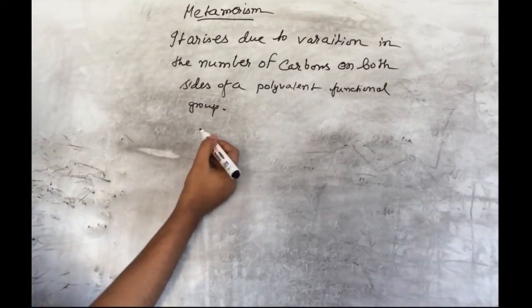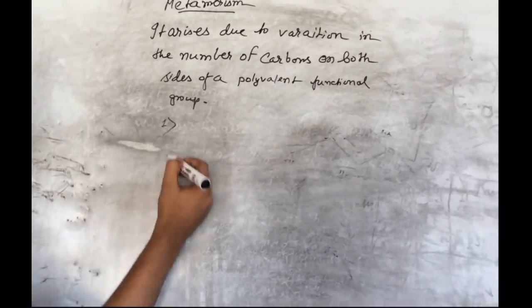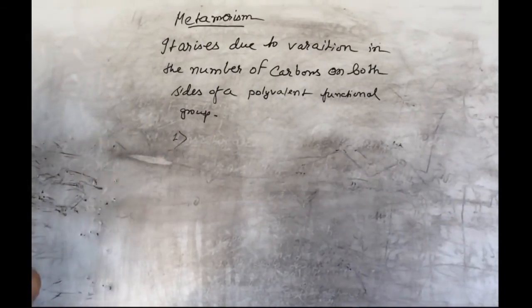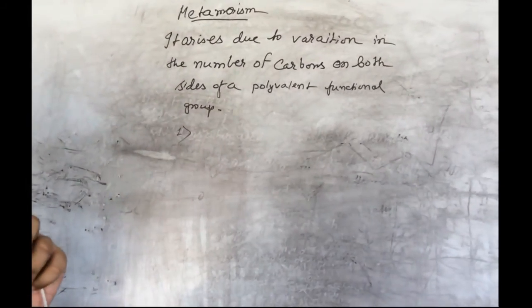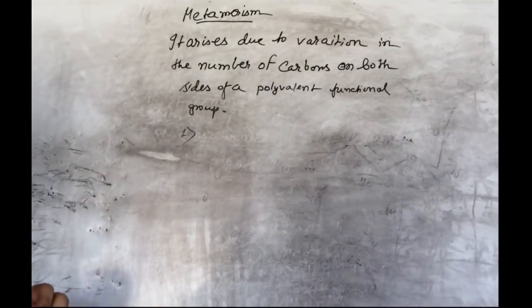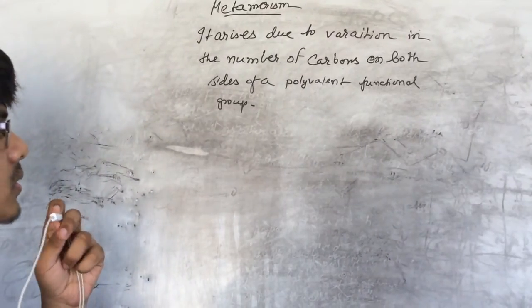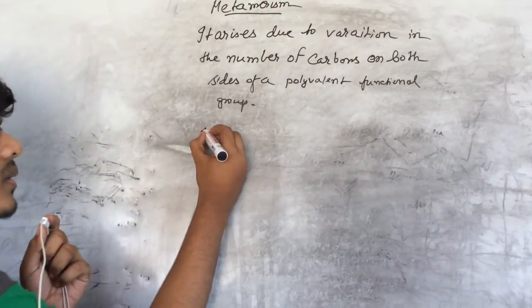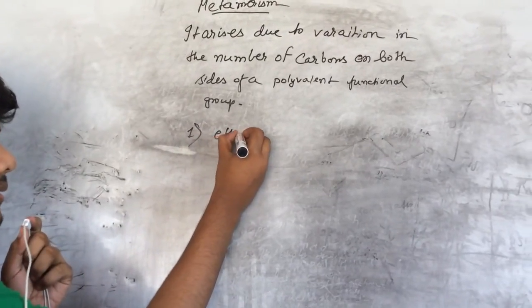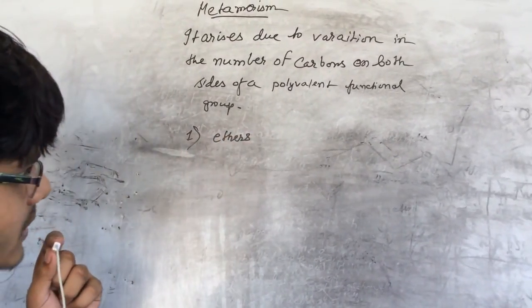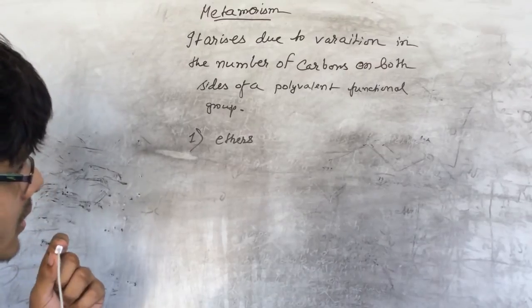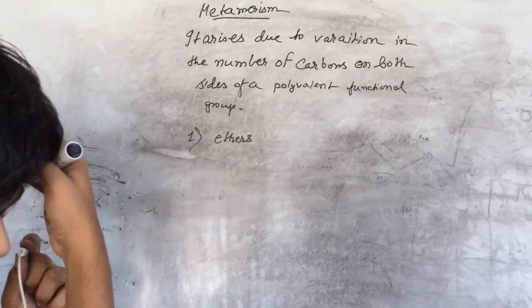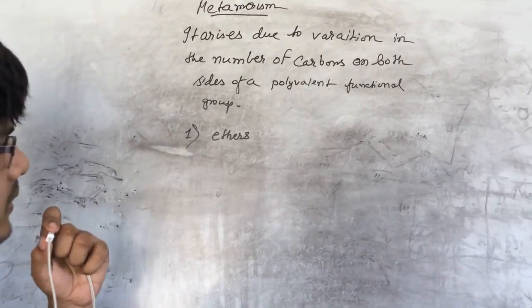So like functional isomerism, this also has many cases. You can find metamerism in ethers, because on both sides of the oxygen atom the number of carbons can be different according to the alkyl group present.